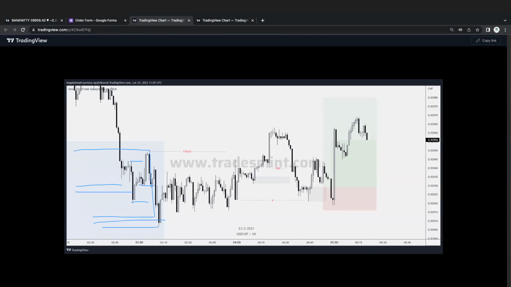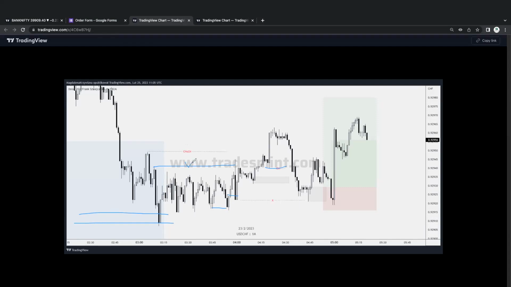For example, if you mark like here, this can be the first pullback as a CHoCH. Continue going higher, taken out the inducement. After taking out the inducement, you can also buy here, because this low is swept here. So when the market sweeps the liquidity, then you can also buy here without inducement. Correct.